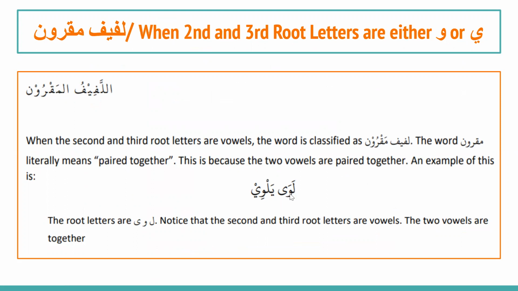Lawa: lam, waw, and ya are the root letters, and waw and ya are paired together. There is nothing in between those two weak letters. That's why this is called lafif maqroon. Both lafif maqroon and lafif mafruq are fail mu'attal, but instead of one, they have two weak letters. That's why they are called lafif.